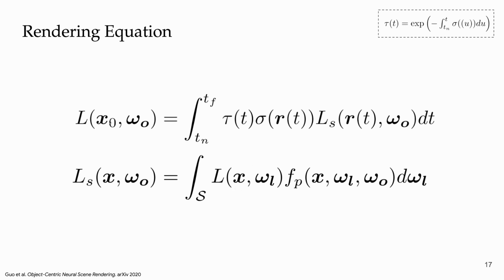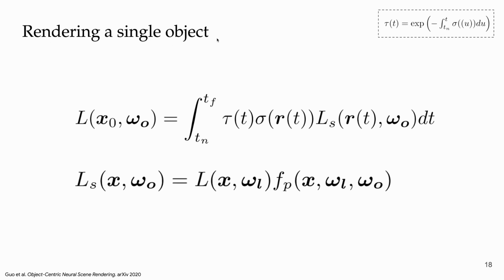You can compute this with the first equation above. As a side note, NeRF also follows this rendering equation, except that they encode this LS term directly, so they are not explicitly computing the second equation. But we do consider this second, more general form of the rendering equation, because we want to be able to deal with the explicit light paths that are transporting in a scene.